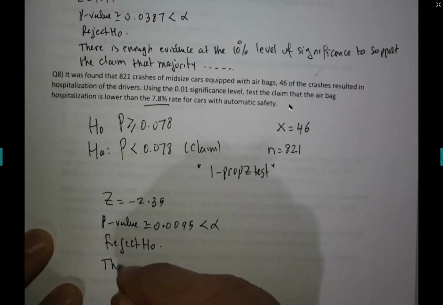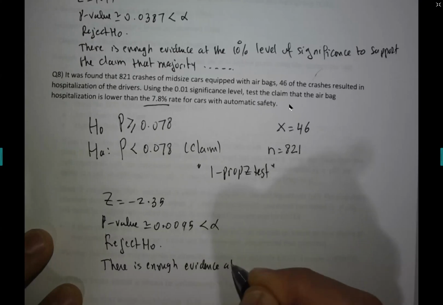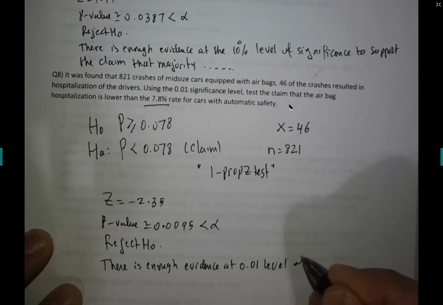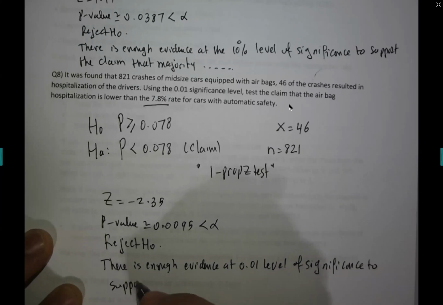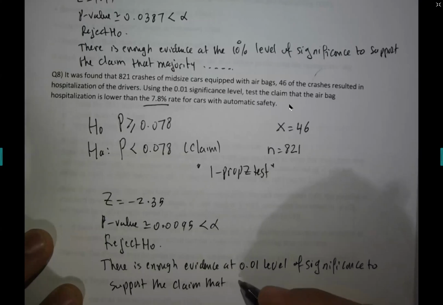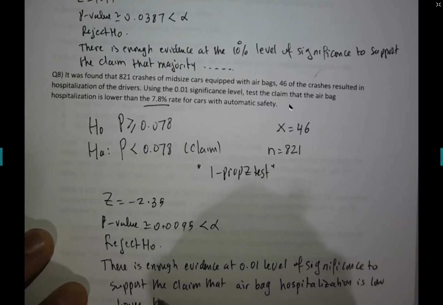And then we conclude there is enough evidence at the 0.01 level of significance to support the claim that airbag hospitalization is lower than the 7.8% rate. Lower means less than.